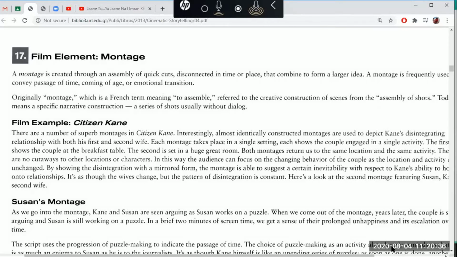Okay, so rhythm is created through shots of different duration on screen, right?